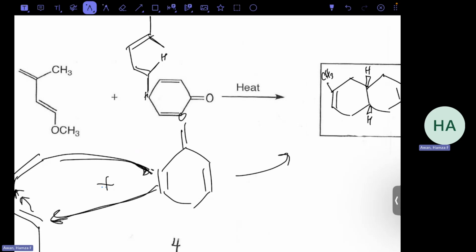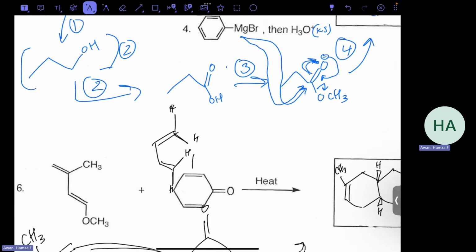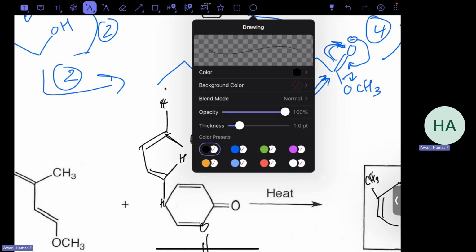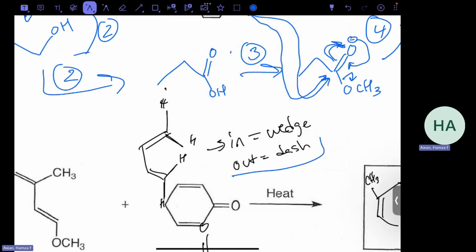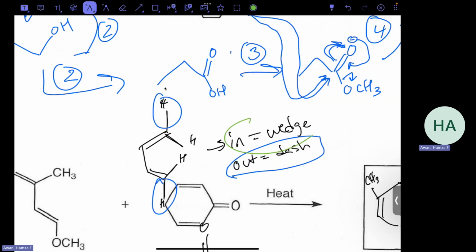Let's just put H, H, H, H. The only thing that you guys have to remember is that the ones pointing inwards, in equals wedge, right? And out equals dash, right? So I'll color code it. So the dash is going to be in blue. So this is going to go onto a dash, these two, and then this in on a wedge. These are going to go onto wedges, right?